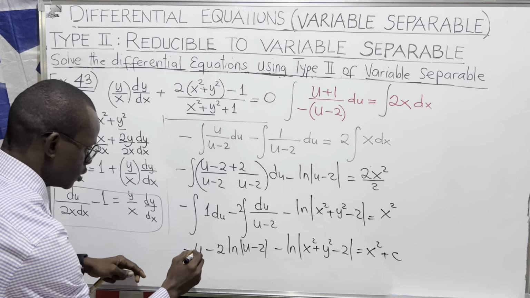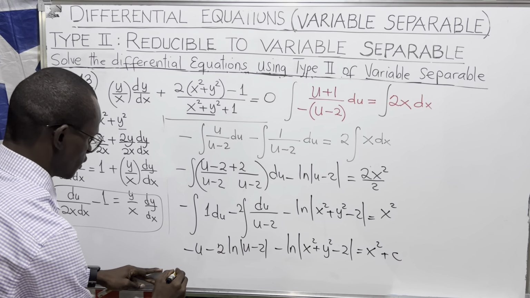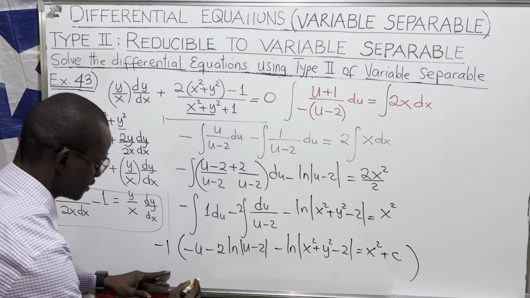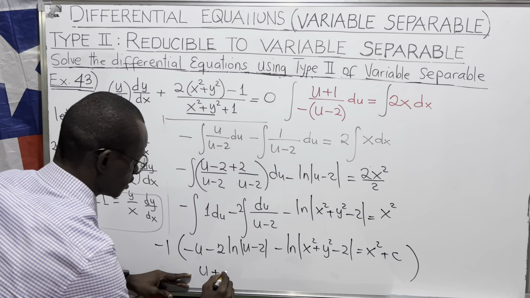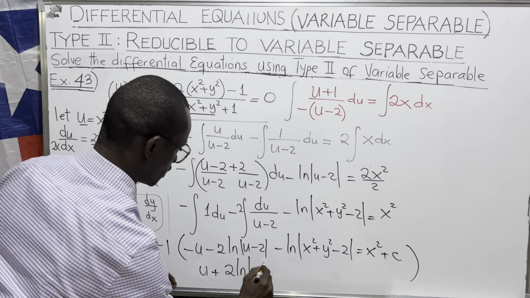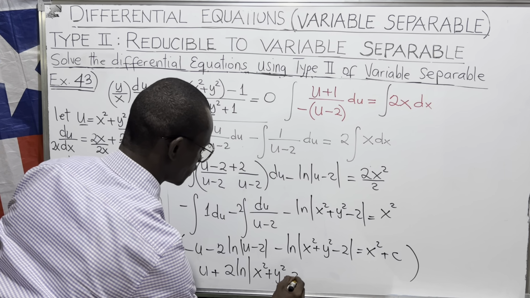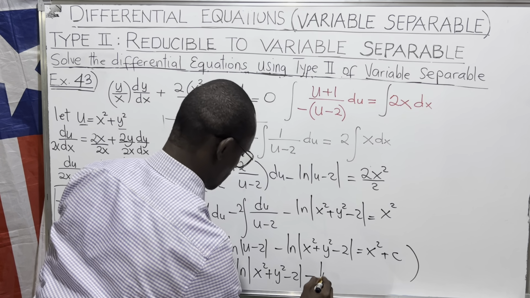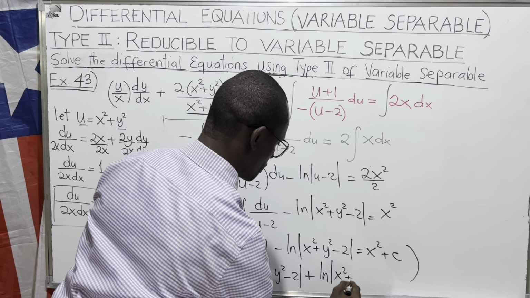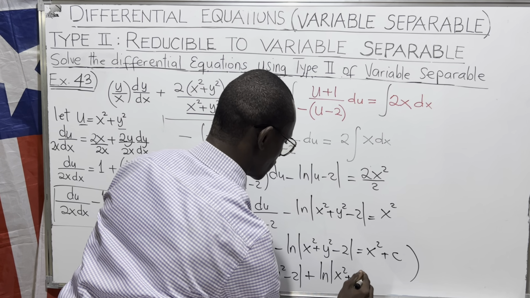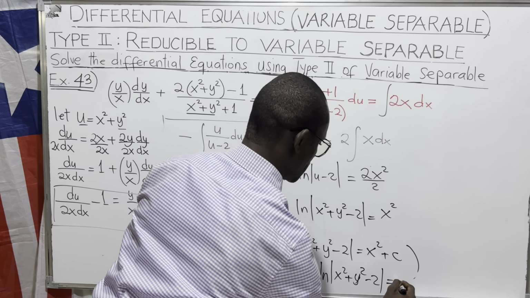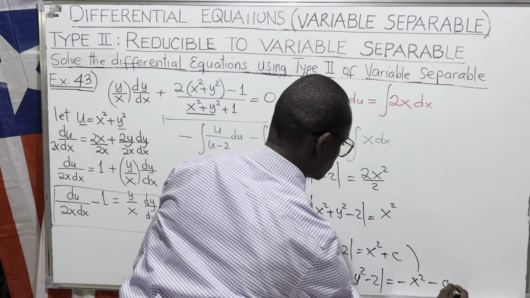But what is u? This u is x squared plus y squared. So let's multiply this entire expression by negative 1 so that we get rid of this negative. So we have u plus 2 the ln of, now this u now is x squared plus y squared minus 2, minus the ln of, okay, this minus times this minus is positive, x squared plus y squared minus 2, all equals negative x squared minus c.